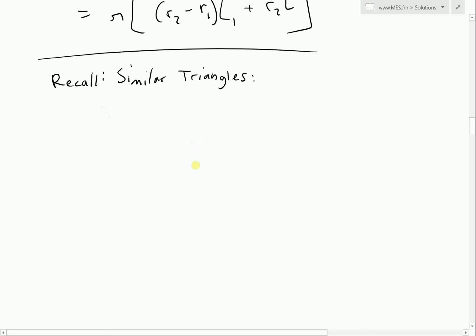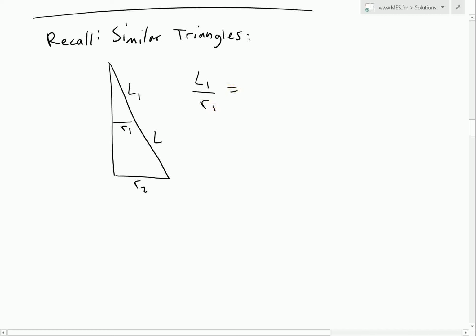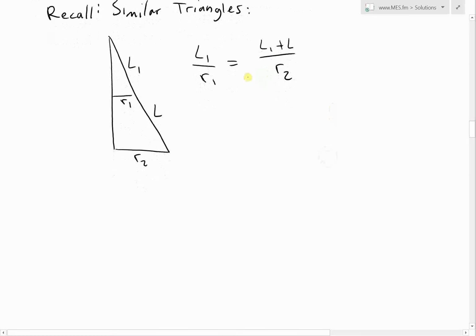What we have here is, if we were to take the cross section of the cone, this basically looks something like this, where this was R1, this is R2, this is L1, this is L. So with similar triangles the ratio is the same, so L1 over R1 is the same as the ratio of this full length over R2, L1 plus L over R2.